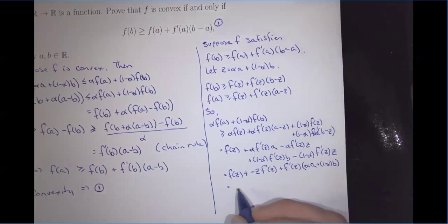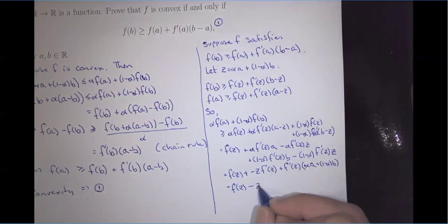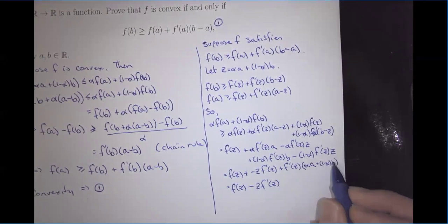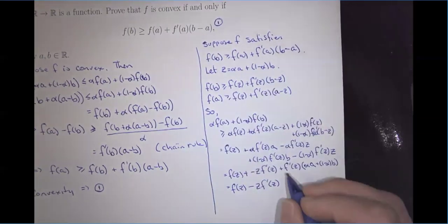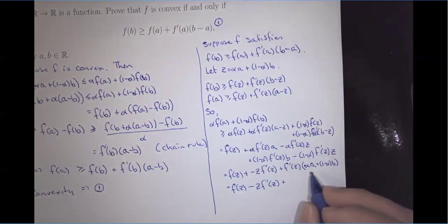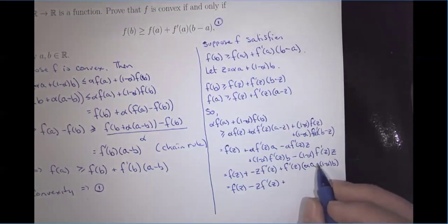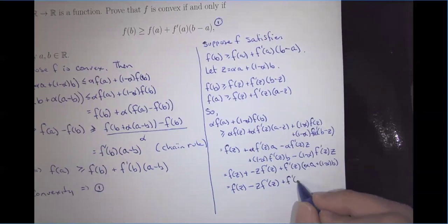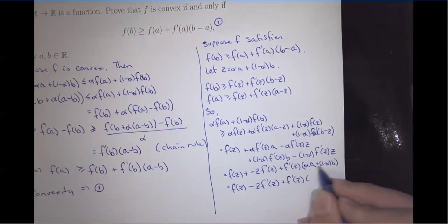Well, if we clean that up a touch, that gives us f of z minus z f prime of z. And then alpha a plus 1 minus alpha b is equal to z. So it's plus f prime of z times z, since this guy is equal to z.